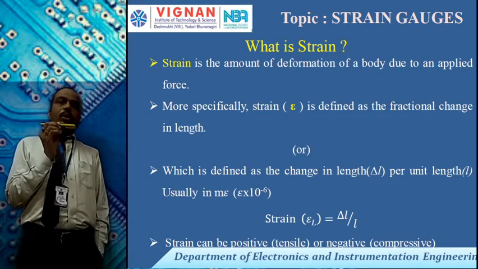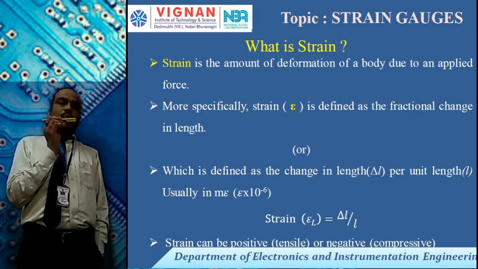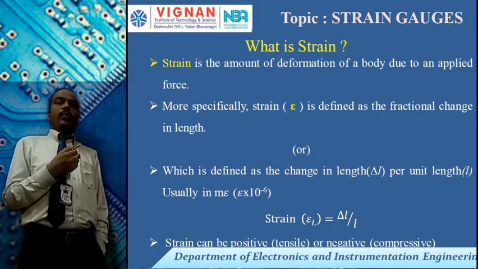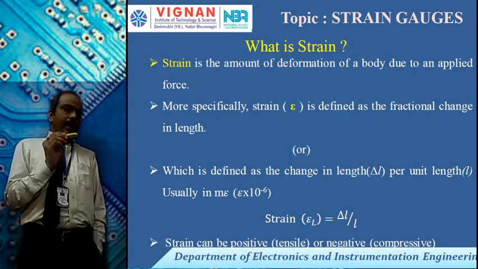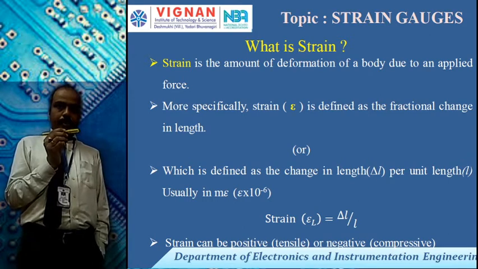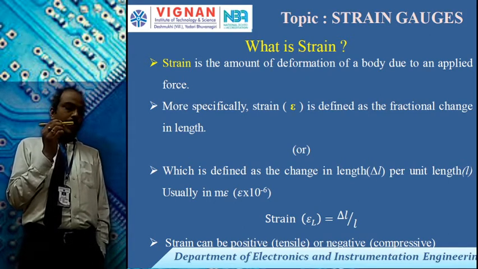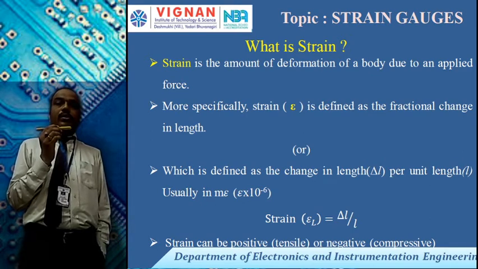It is simply the amount of deformation of an object or body due to an applied force. We can also define it more specifically: strain is the fractional change in length, or the change in length per unit length. That is the strain definition.